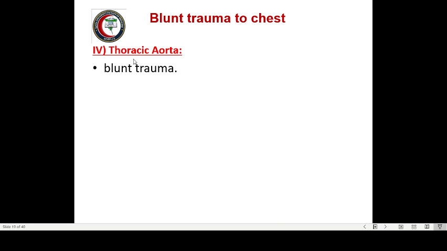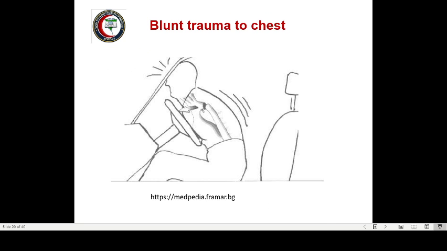The thoracic aorta may suffer from blunt trauma, causing its transection, its tearing. This usually occurs in cases of road traffic accidents. We call these acceleration-deceleration injuries.